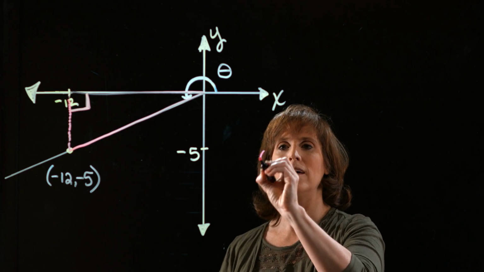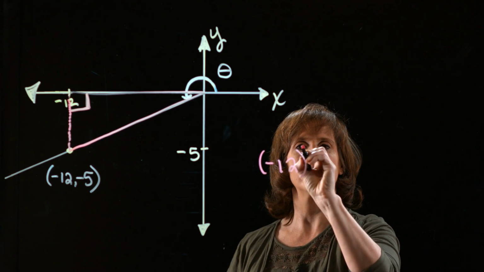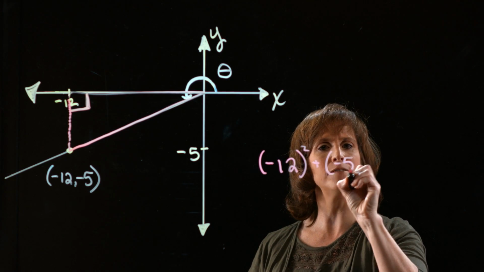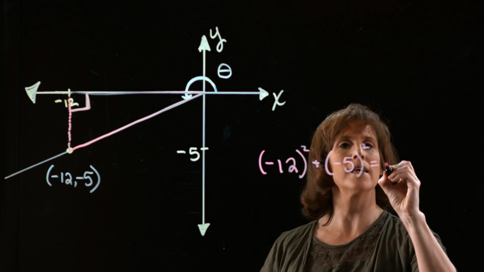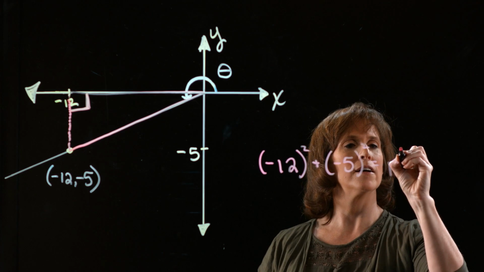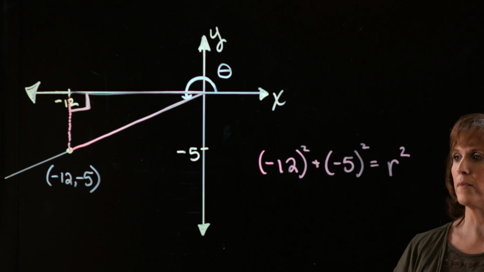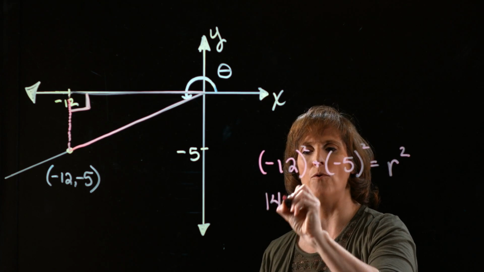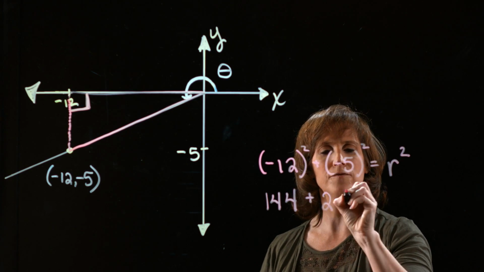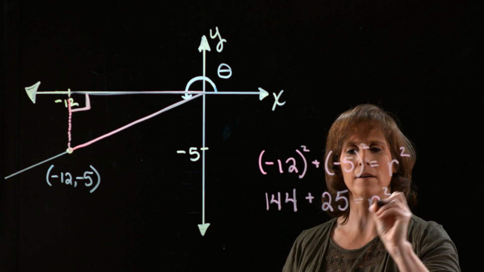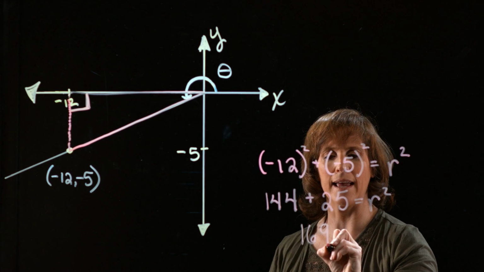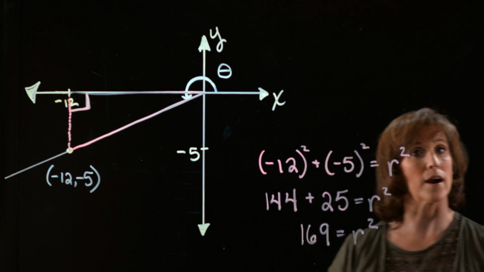So I'm going to have -12 squared plus -5 squared equals, and I'm going to call that length r, so it's going to equal r squared. This is going to be 144 plus 25 equals r squared. And so 169 is going to equal r squared.